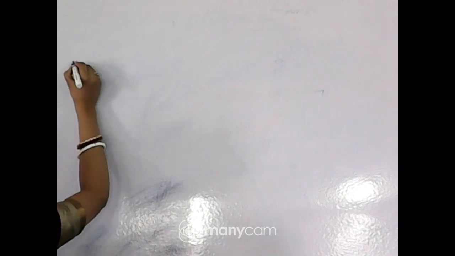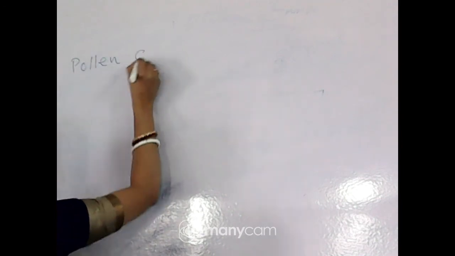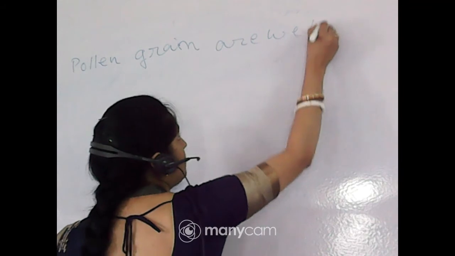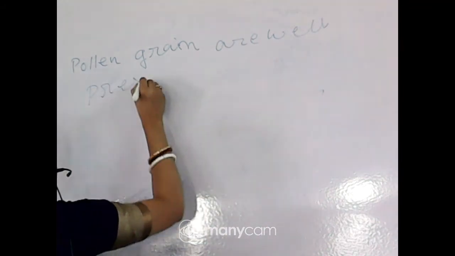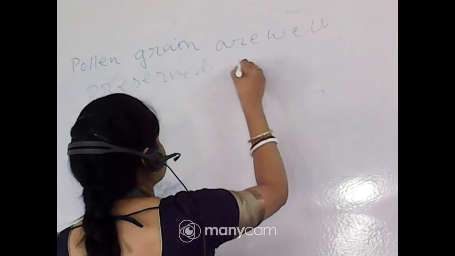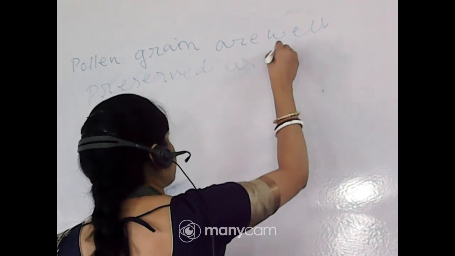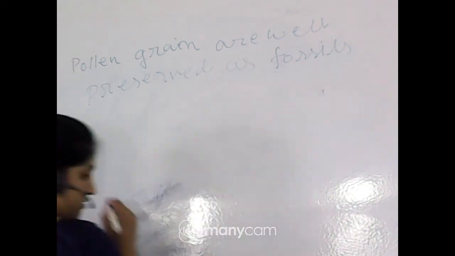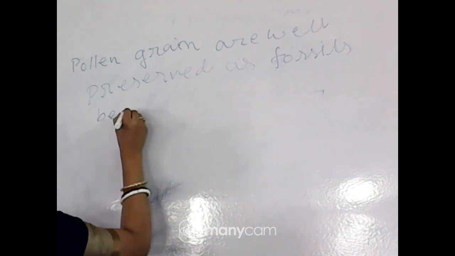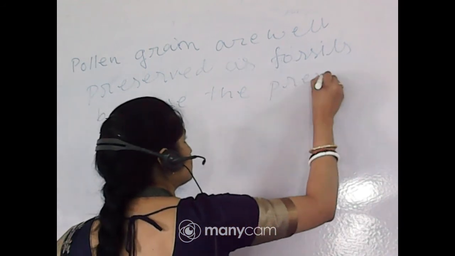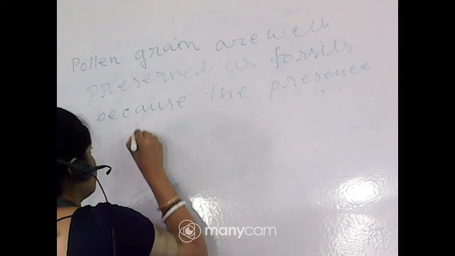That is why pollen grains are well preserved as fossils, because of the presence of sporopollenin.